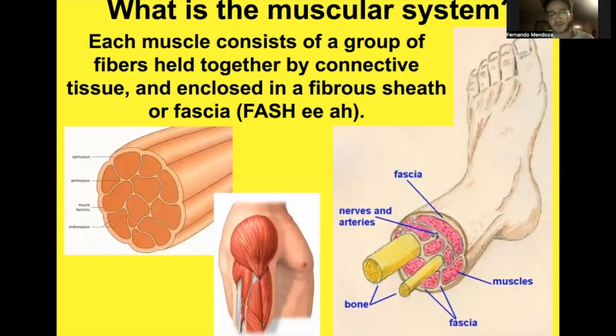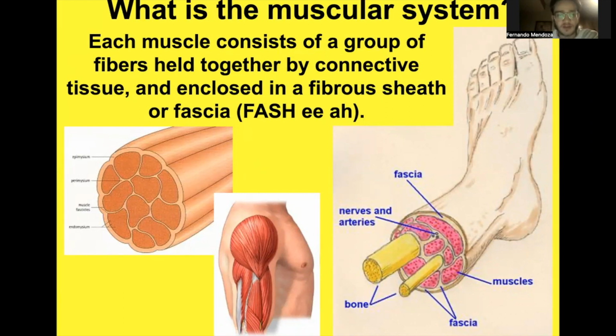But as I also said, each muscle consists of a group of fibers, these ones here. These are muscle fibers held together by connective tissue. The connective tissue on the image is the one that is brighter and not darker.